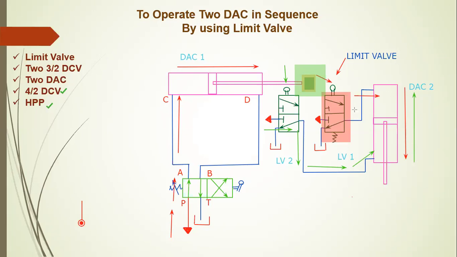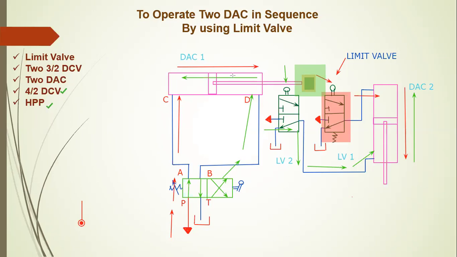That's called the retract condition. Also here, the direction control valve is operated in the second condition, so the oil passes this way and enters the other side of the double acting cylinder, and the piston moves to its retract condition.